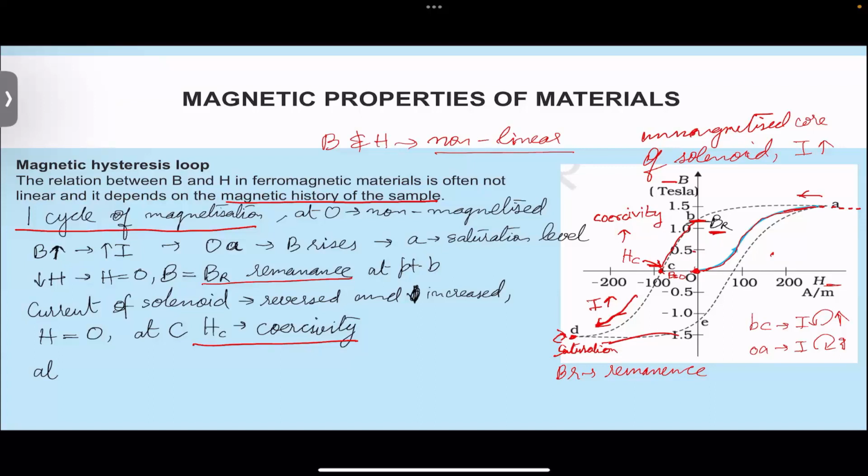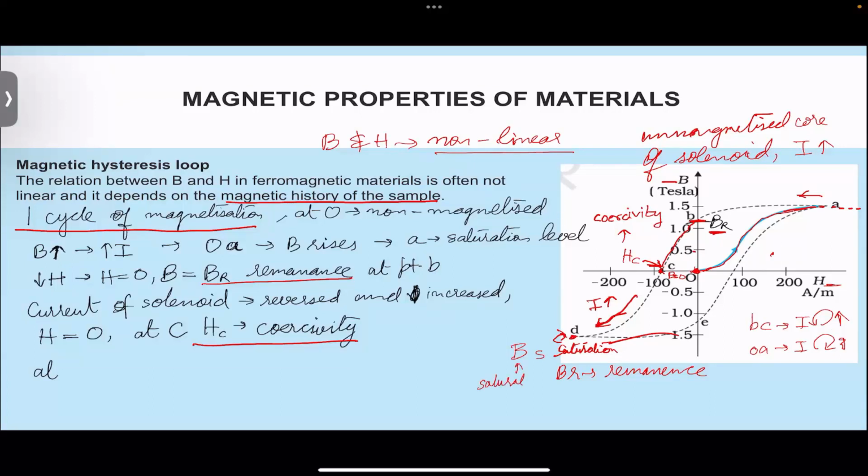in the negative value. So B is also increasing in the negative value. Again we reach a point, which you can call Bs, the saturated magnetic field.